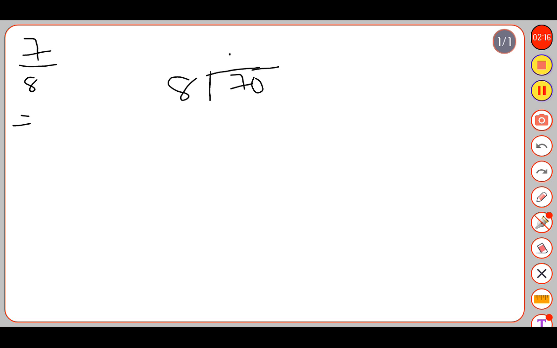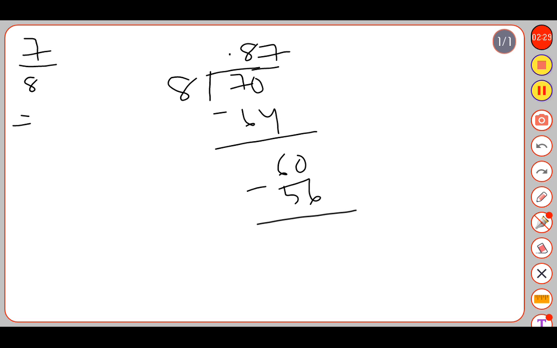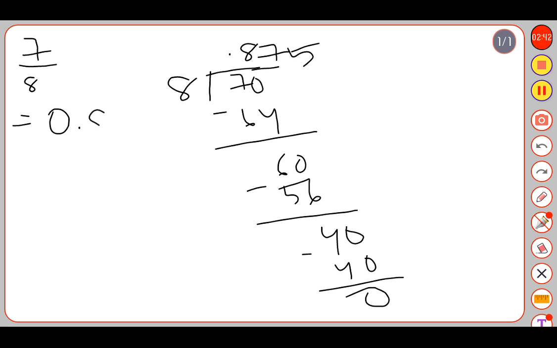So it will be 8 8s are 64, minus, we get 6, again 0. 8 7s are 56. Again we will subtract, we will get 4, 0 here. Then again 8 5s are 40. So the remainder became 0. So here the quotient will be 0.875.